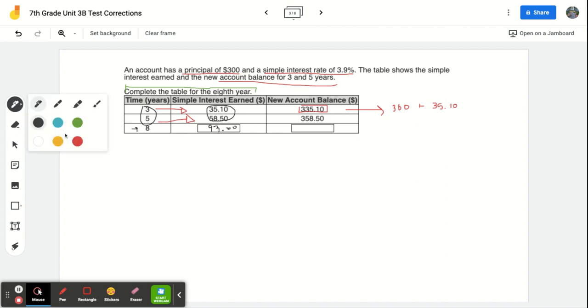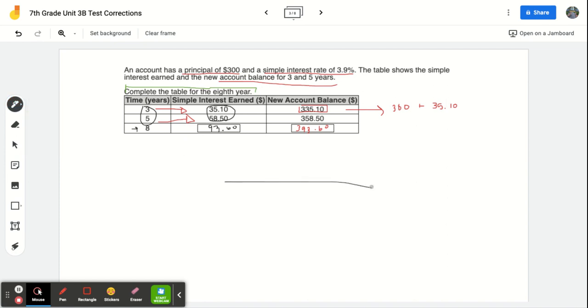And if you want to find out how much total is going to be in the bank, just like how we did in the first row, we added $35.10 to 300. We're going to add $93.60 to 300. So that's going to be $393.60.